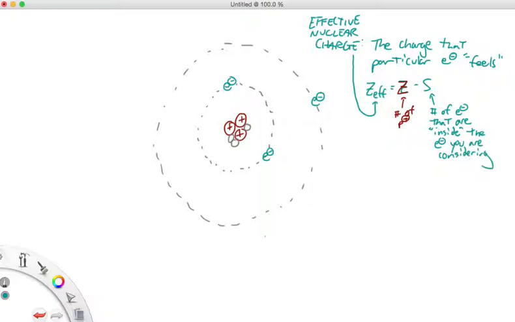So let's just say, and I'll tell you the main idea of this, you can think of this kind of, it doesn't quite work all the time, but this could work if you need to think about it like this. Think of this central positive charge as like this warm campfire.